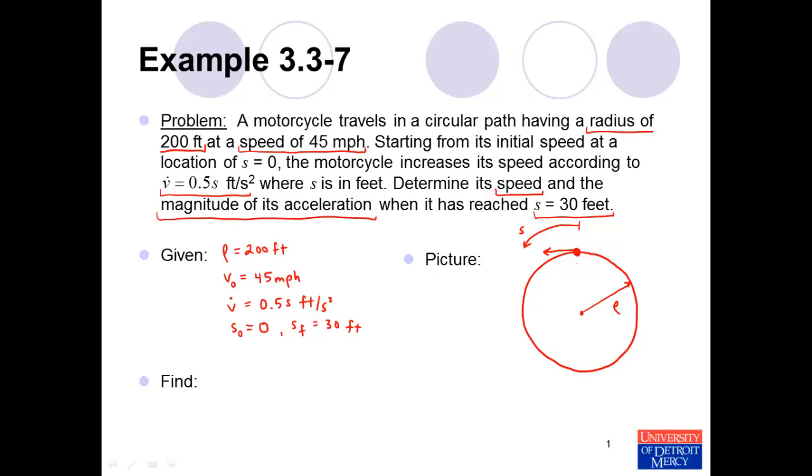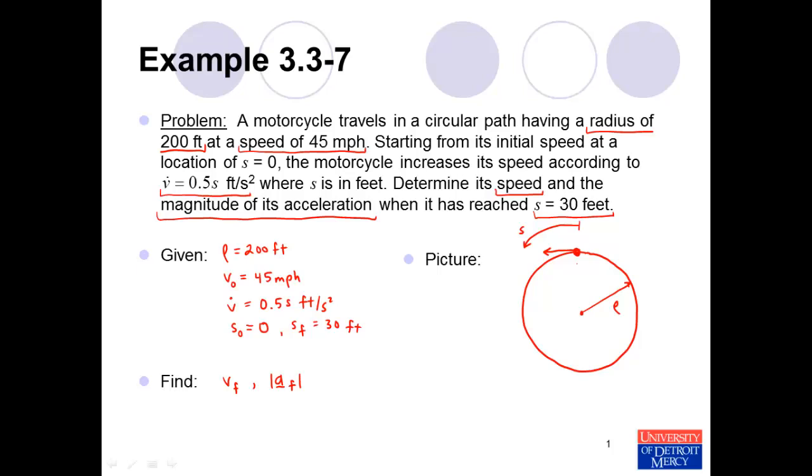Okay, so that's our final position. We want to find the velocity, or more specifically the speed, and we want to find the magnitude of the acceleration. So the acceleration is a vector, but we just want its magnitude, which we will denote with the 2 vertical bars.